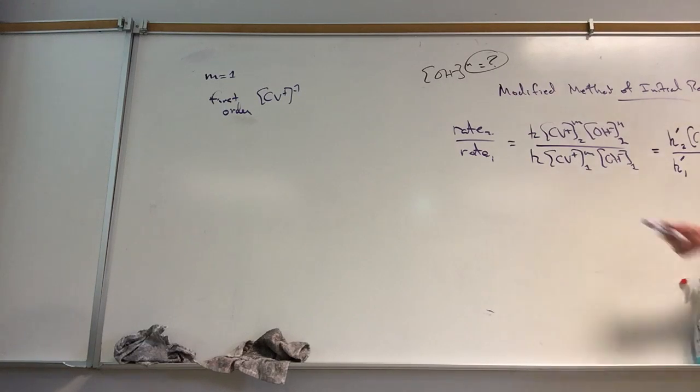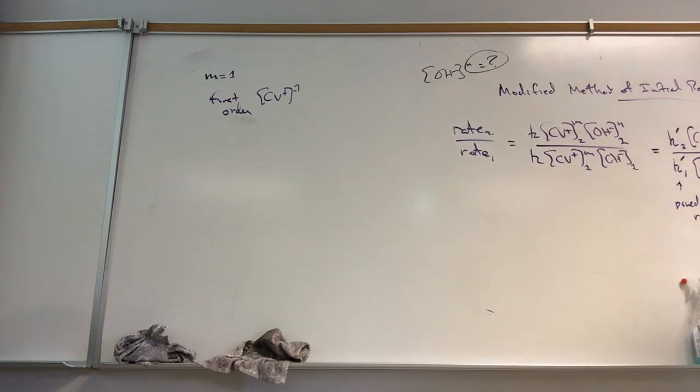The k's are actually the same, it's the same reaction, but the k primes are called pseudo rate constants. The pseudo rate constants are different because they depend on the concentration of hydroxide that is incorporated in there, times the crystal violet 1 to the m.